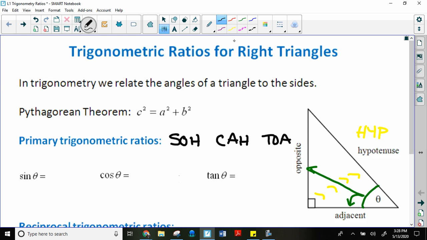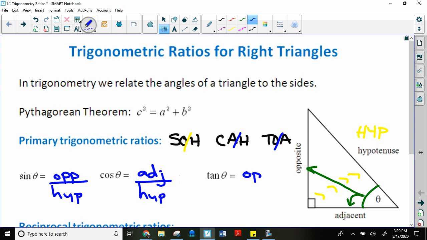For sine, we're looking at a relationship of the opposite divided by the hypotenuse. For the cos relationship, we have the adjacent divided by the hypotenuse. And then for tan, it is opposite divided by adjacent.